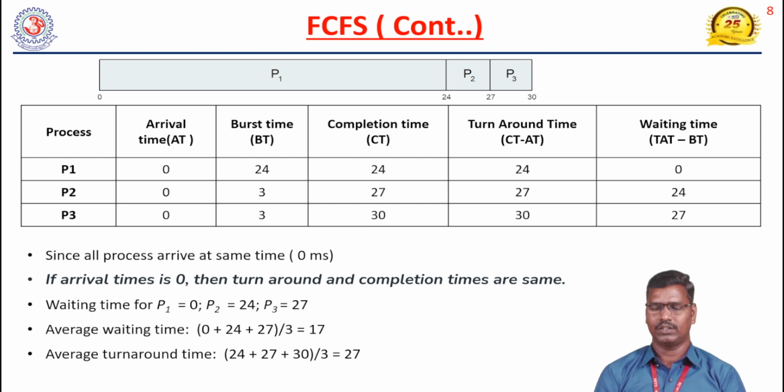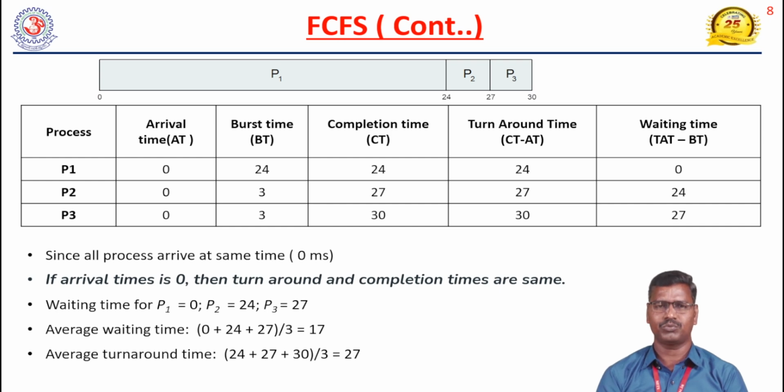Next we want to calculate the waiting time. Here we have to write the formula to find the waiting time for each process. Waiting time equals turnaround time minus burst time. Okay, here the turnaround time for P1 is 24 and the burst time is also 24, so 24 minus 24 is 0 waiting time for P1.